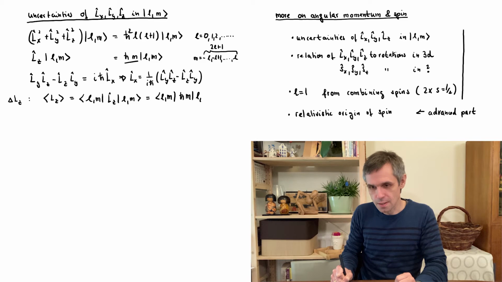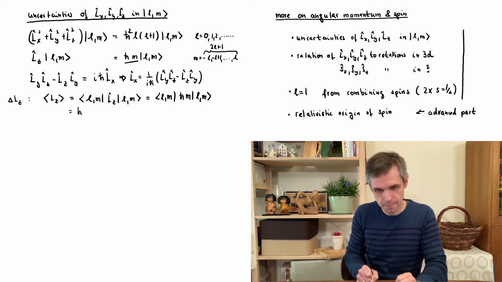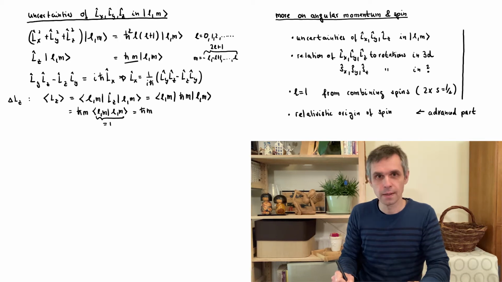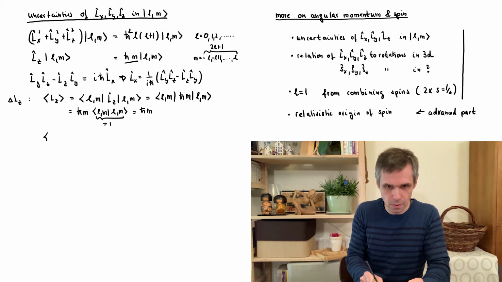And now this is just a number that we can pull to the front. And we are assuming that all of these eigenstates are normalized, and so the result here is just h bar times m. And now we just carry on with the second moment, so the expectation value of Lz squared.